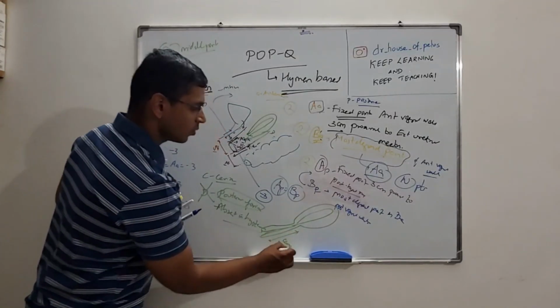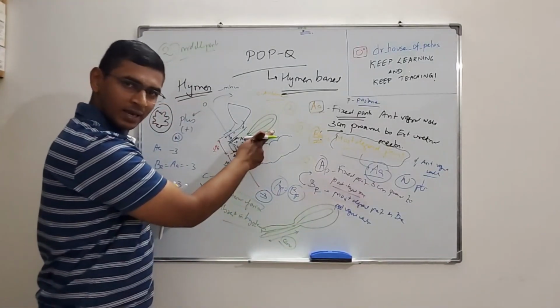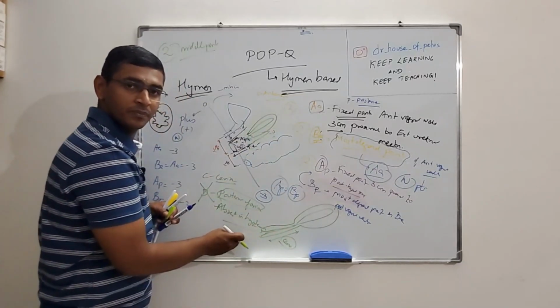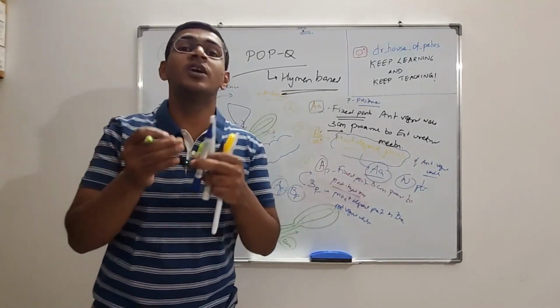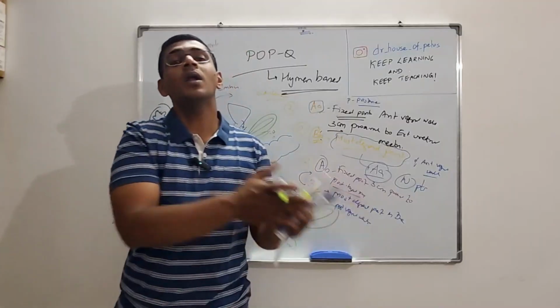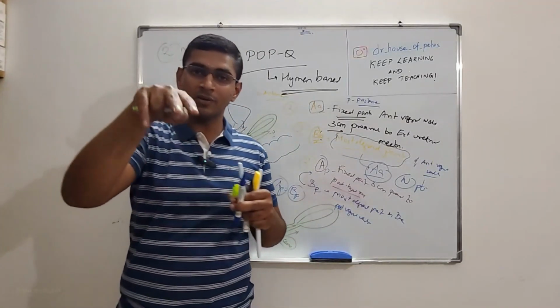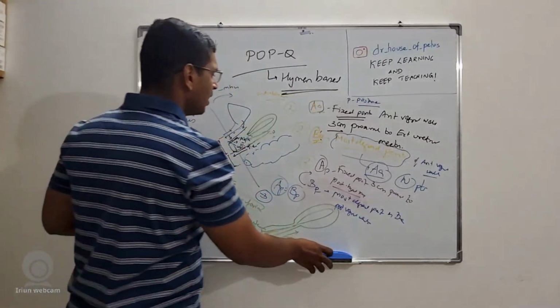Cervix. So if the cervical elongation happens, the point D remains there, but the point C starts coming down. Understood? So why we gave two different points, point C and point D, is to differentiate between whether there is an isolated cervical elongation or there is a posterior compartmental defect at the level of uterosacral, or apical defect we say in this condition. Right?